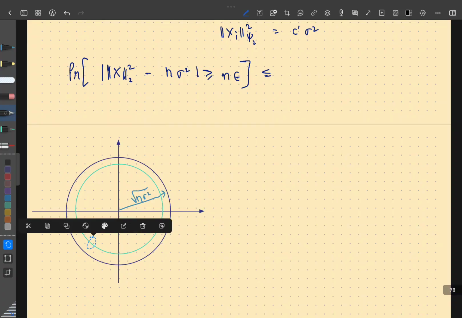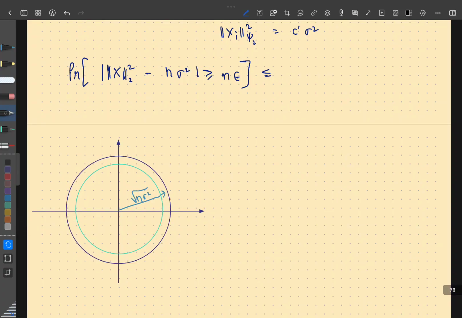The thickness of this shell is 2 times root n epsilon.